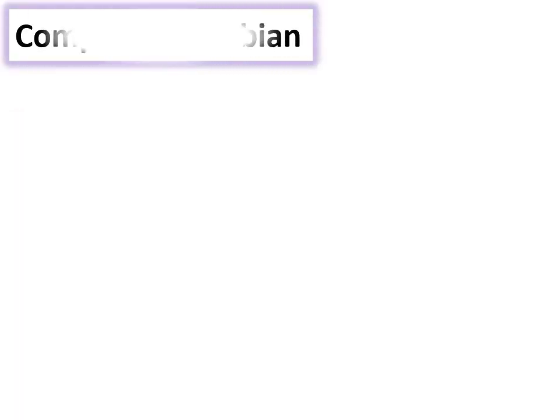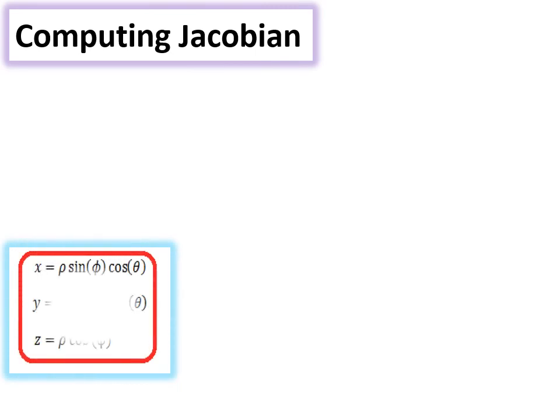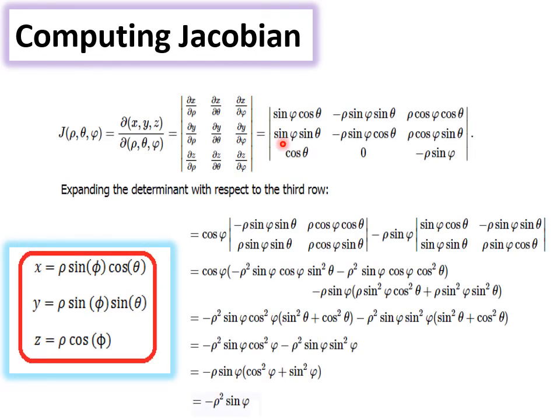Now we will see how to compute Jacobian for the spherical coordinate system. Take the definition of Jacobian for three variables, compute the relevant partial derivatives, substitute in the determinant form, expand the determinant and simplify. You will end up with the Jacobian for the spherical coordinate transformation as minus rho square sin phi.